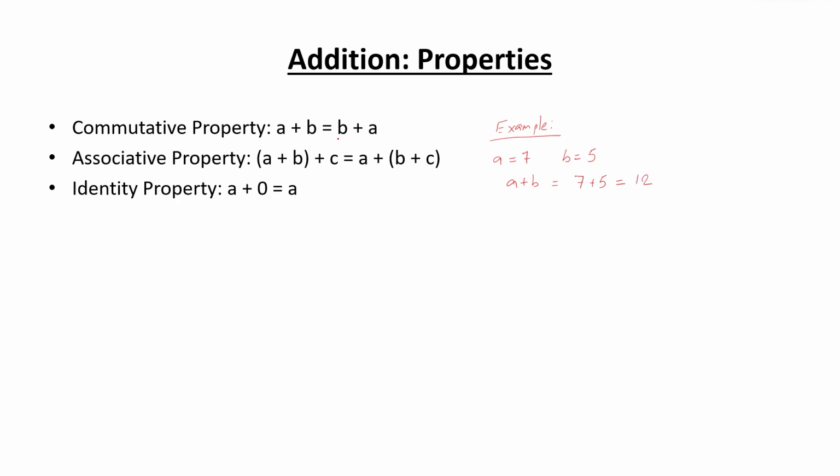Now the other side operation is B plus A. Now you compute B plus A. B is 5, A is 7, and that is equal to 12. You can see that whether you do A plus B or B plus A, both will give you the same answer, and this property is known as commutativity.